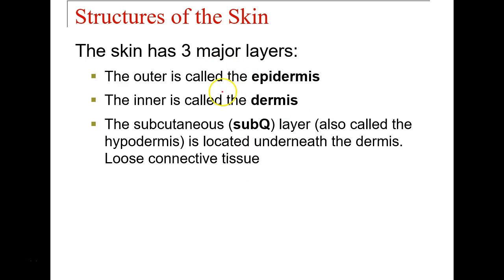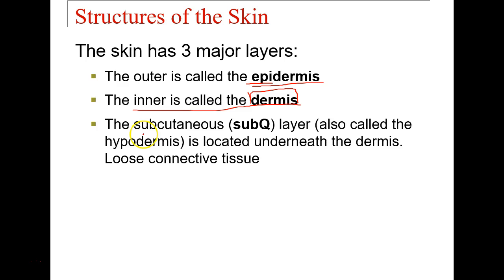All right, so structures. We have three major layers. The outermost layer, the surface of our skin, is the epidermis. Epi means above. The inner layer is the dermis, the main layer of the skin.